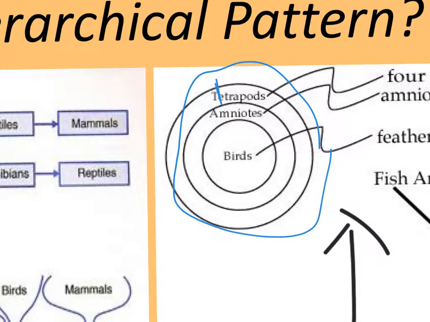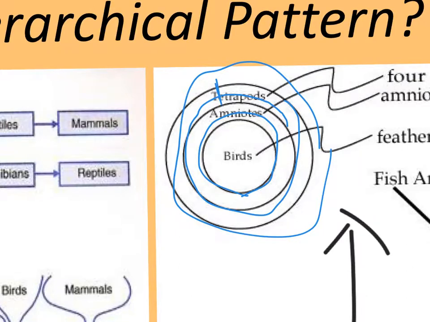Amniotes have a covering for their eggs so they won't dry out. These all have amniotes, including birds, reptiles, and mammals. And then within, only the birds have feathers.